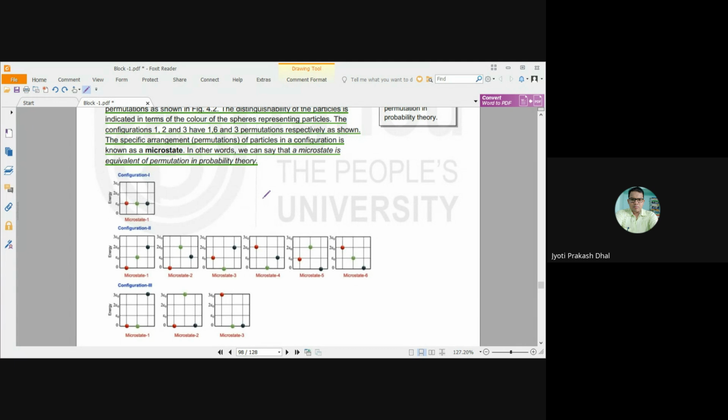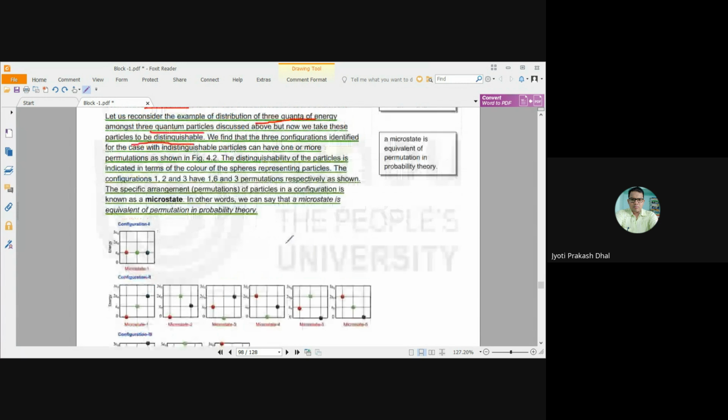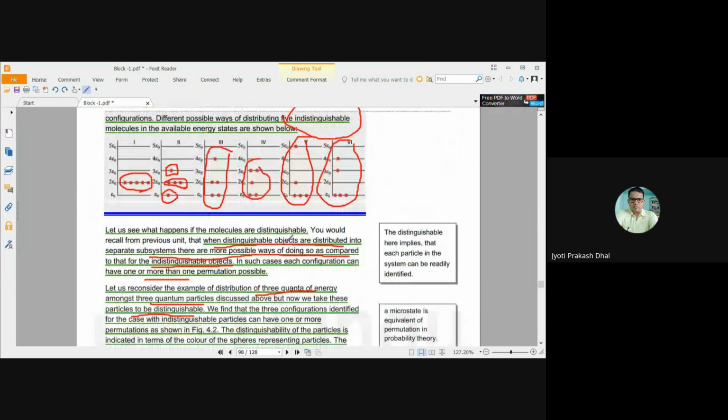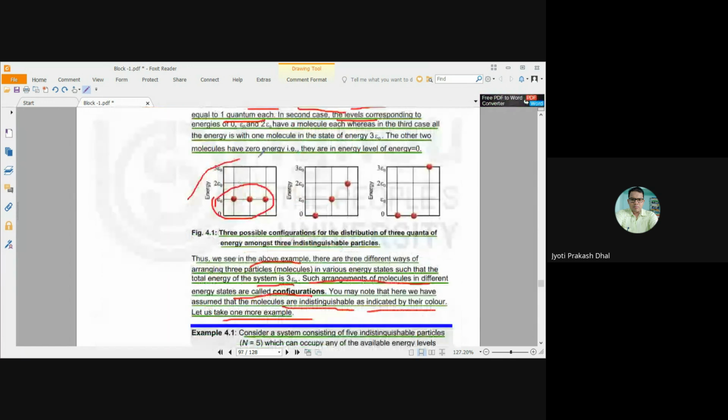Now, what are the different combinations? Here, as the particles are distinguishable, the number of combinations will be more. In case of indistinguishable particles, only 3 combinations will be possible, so that the total energy of the system will become 3 quanta or 3 epsilon 0.